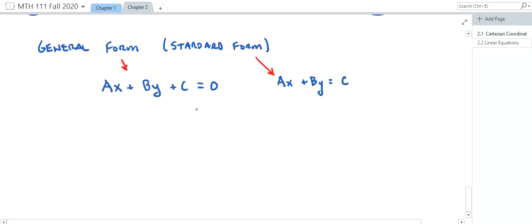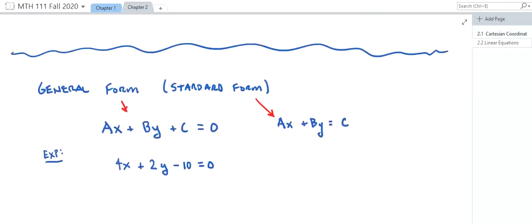But let's just think about this in the general form. For example, say we have 4x plus 2y minus 10. In these situations, a, b, and c are all constant.